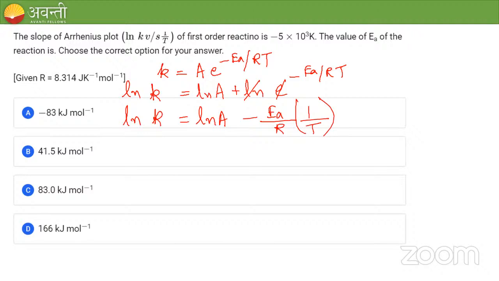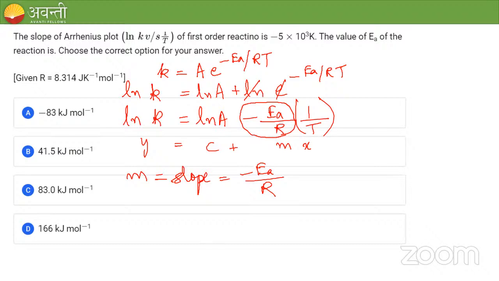Now this particular equation is of the form y is equal to mx plus c. Okay. So here m is the slope and it is nothing but minus Ea by R. The slope of this Arrhenius plot is given as minus 5 into 10 power 3.